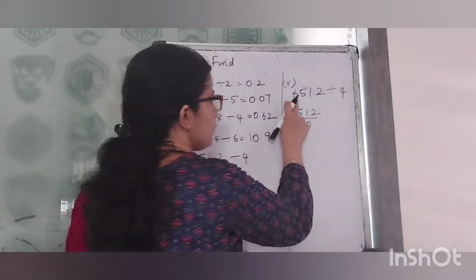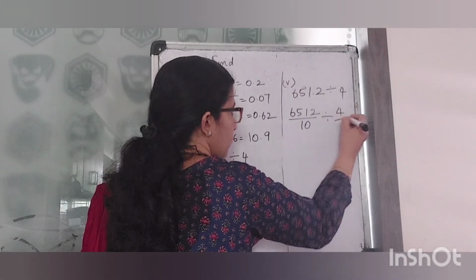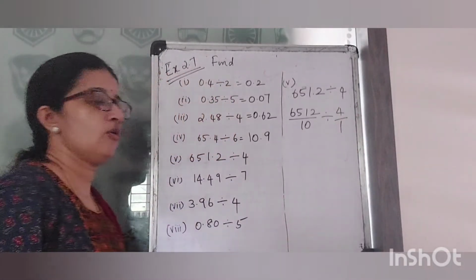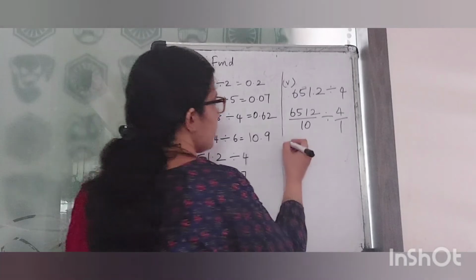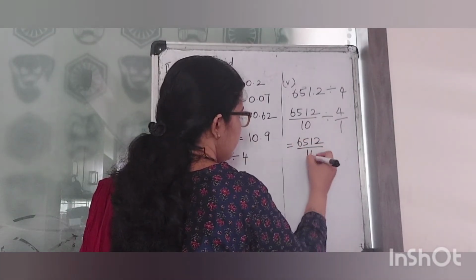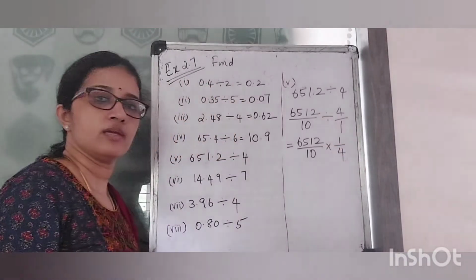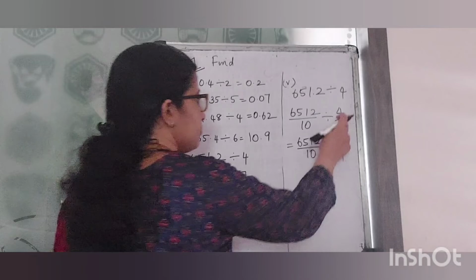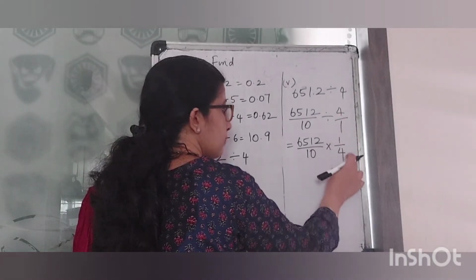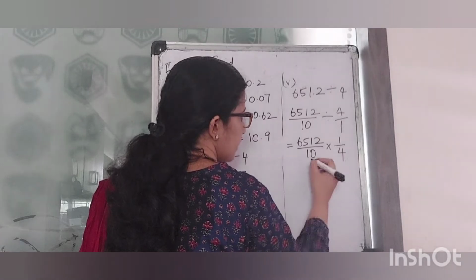So it is 6512 by 10 divided by 4 by 1. Now this can be written as 6512 by 10 into 1 by 4. You have to take the reciprocal of this, so you get 1 by 4. Now if we cancel this, what will we get?